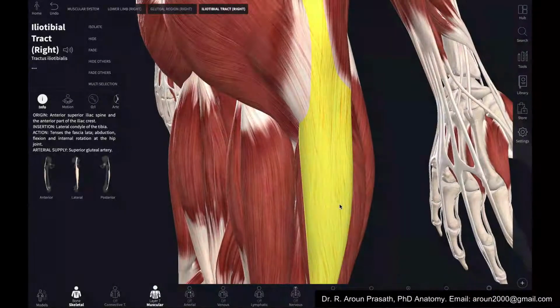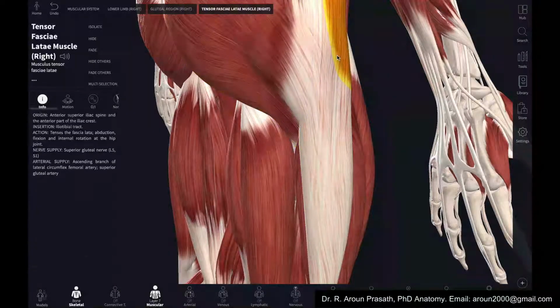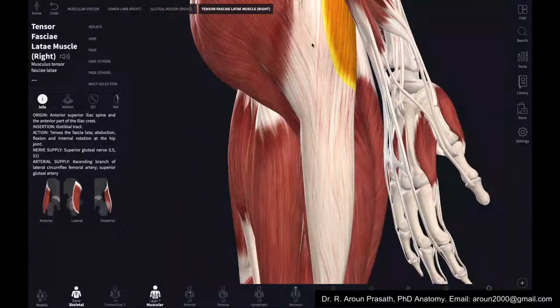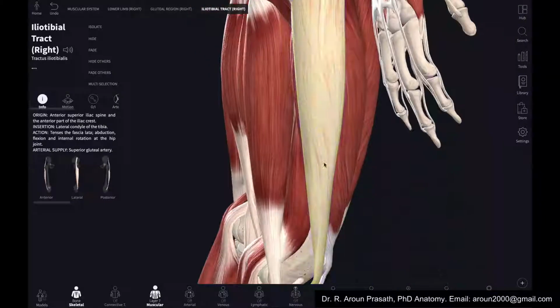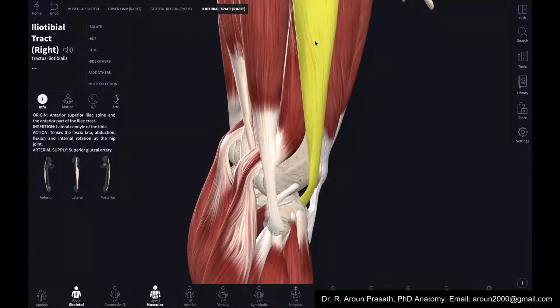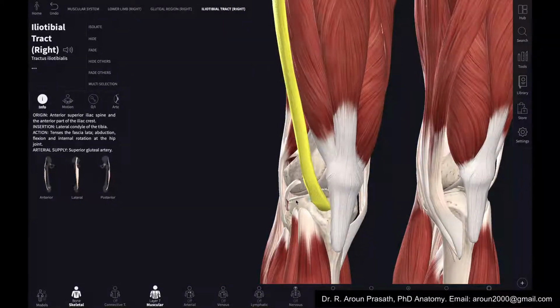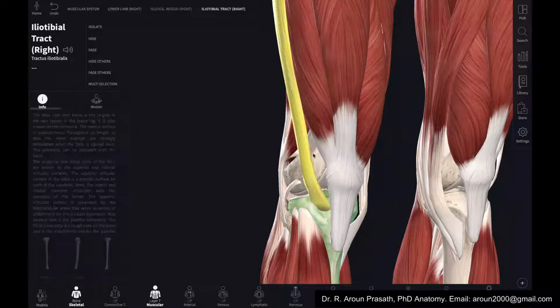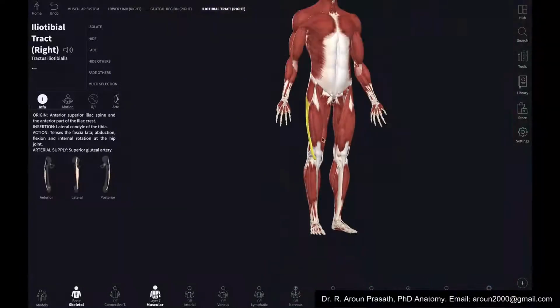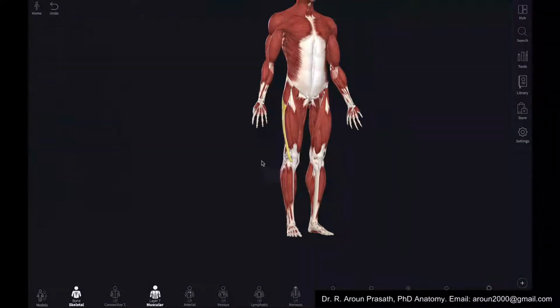It's a thick band of connective tissue formed by the tensor fascia lata muscle. This iliotibial band is the continuation of the tensor fascia lata muscle and inserts to the tibia on the lateral side. So these are the movements and the muscles responsible for these movements.